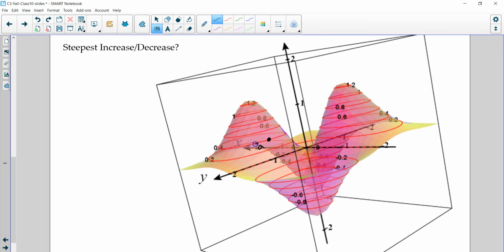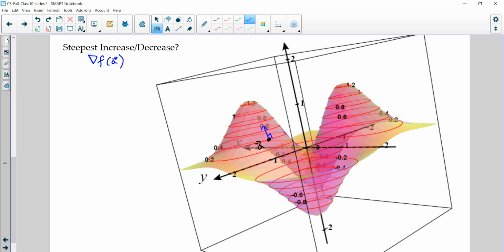Let's call that point A. We know that the gradient vector is perpendicular to level sets, so it's going to point up and at a right angle to each level set. And so the direction of steepest increase is in the direction of the gradient vector at a.